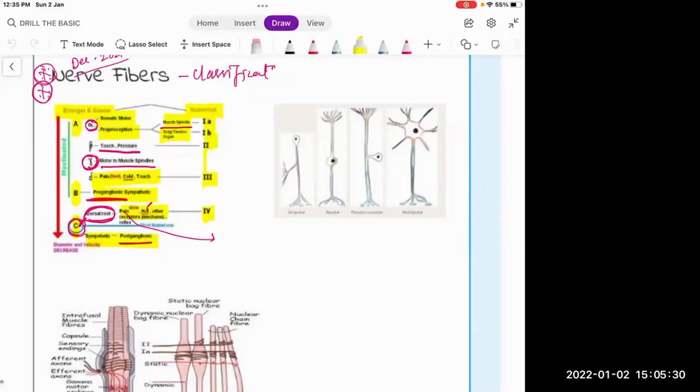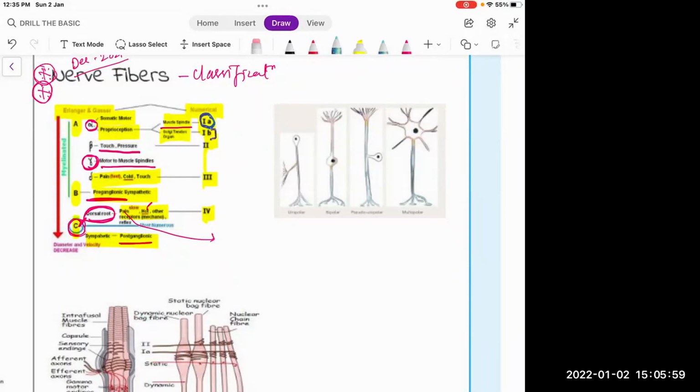Now this Erlanger and Gasser classification is also termed numerically. A alpha fibers giving rise to the muscle spindle are termed 1A fibers. A alpha fibers to the Golgi tendon organ are 1B fibers.